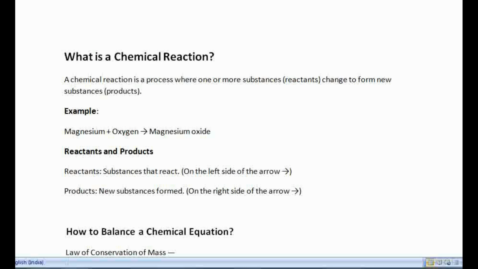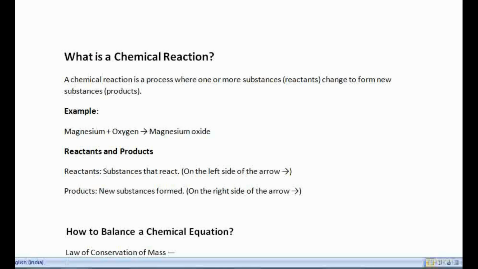For example, you have water and salt. Water is one item and salt is one item. If you mix both, water plus salt, what happens? It produces salt water.